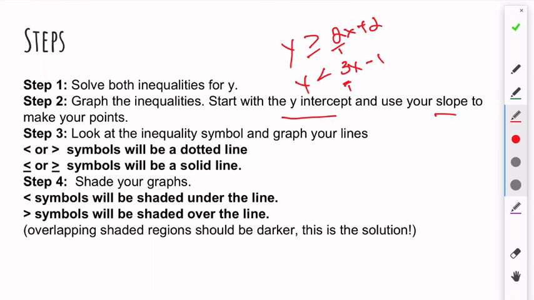Then step 3, look at the inequality symbol and graph your lines. This should all be somewhat of a review. If we don't have a line under the symbol, it means that it's not equal to that line, but it's either greater than that line or less than that line.